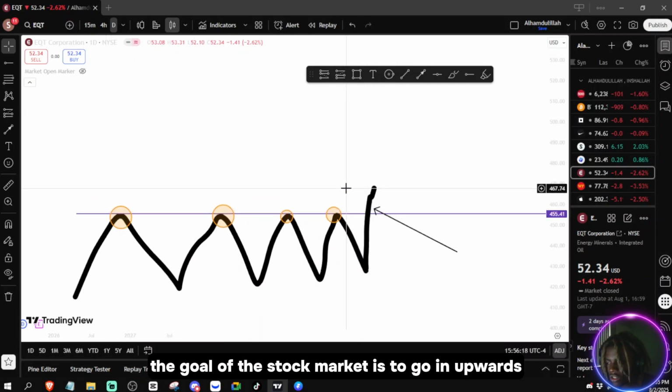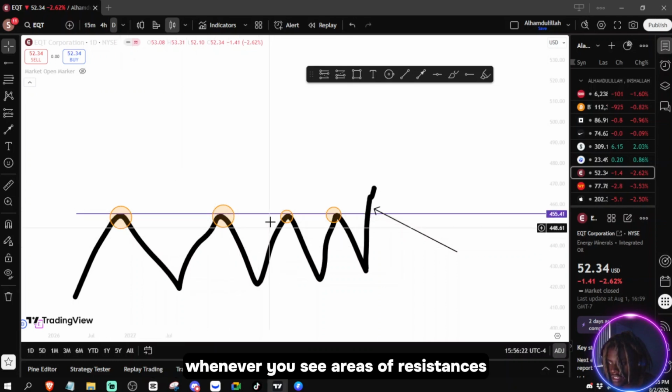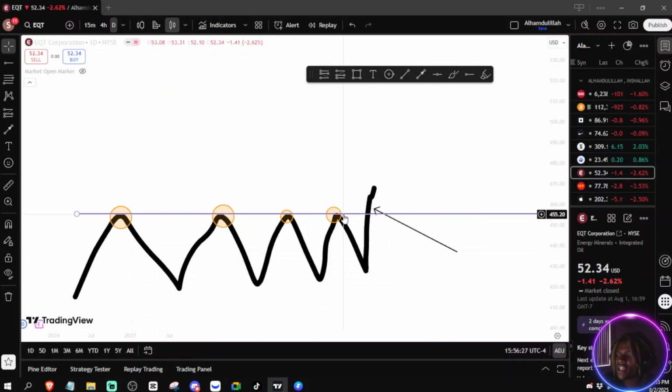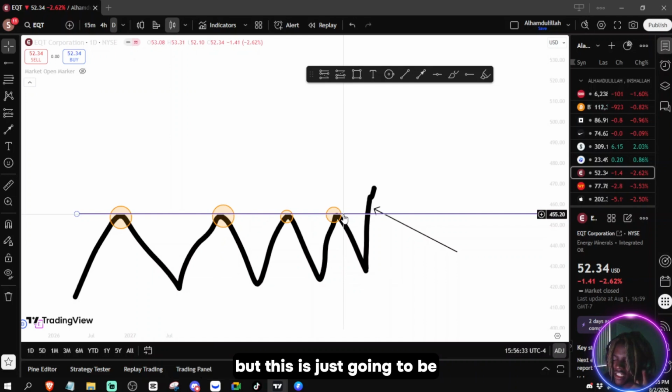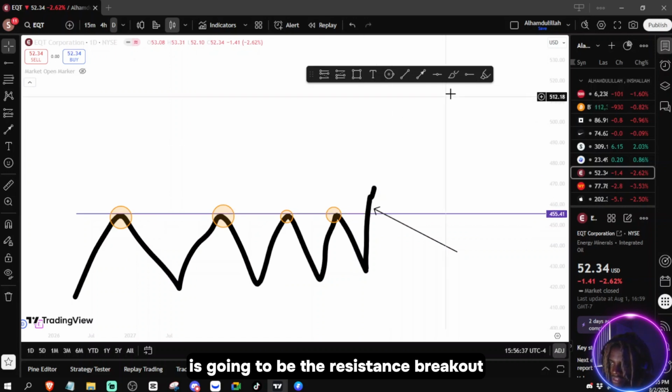Remember, the goal of the stock market is to go in an upwards direction. So whenever you see areas of resistance correlating in the same area, and then price finally breaks, you're going to be able to take that. We're going to get into the time frames and stuff like that in a second. But this is just going to be the first model that you're going to be able to trade: the resistance breakout.